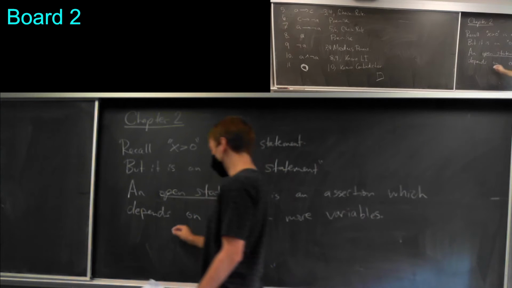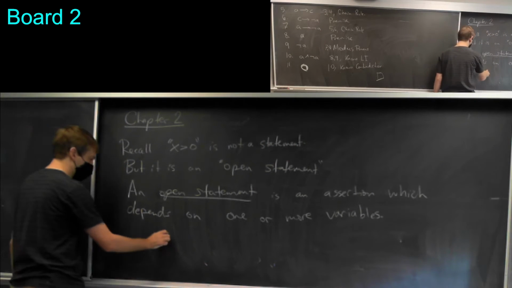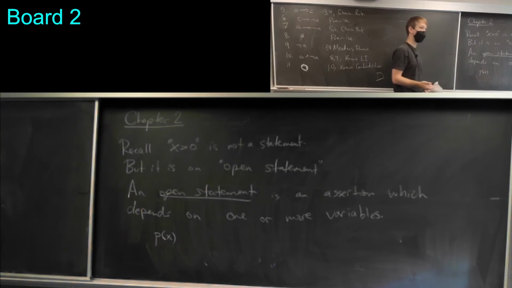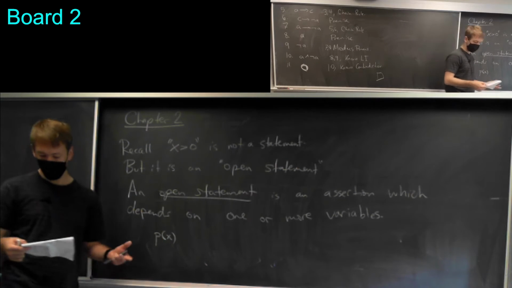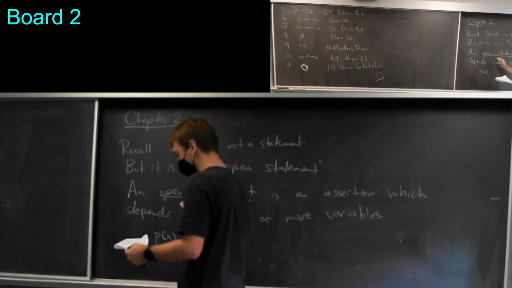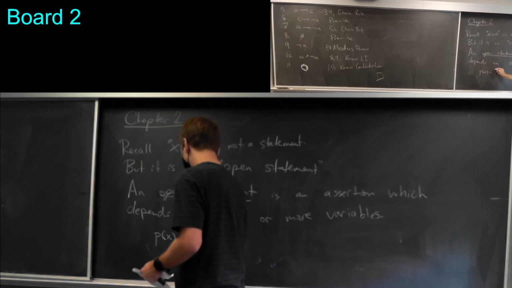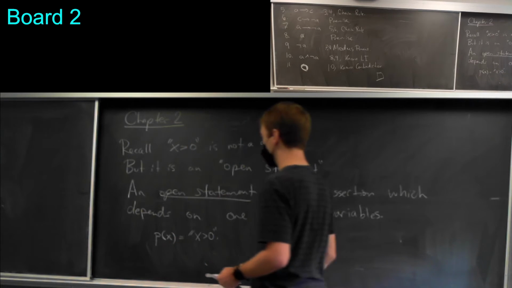So you can actually think of open statements as being like functions, right? We'll often write open statements in function notation, like p of x. So p of x is an open statement where the variable is x. One example is, I'll just use the same example again, the statement that x is bigger than 0.